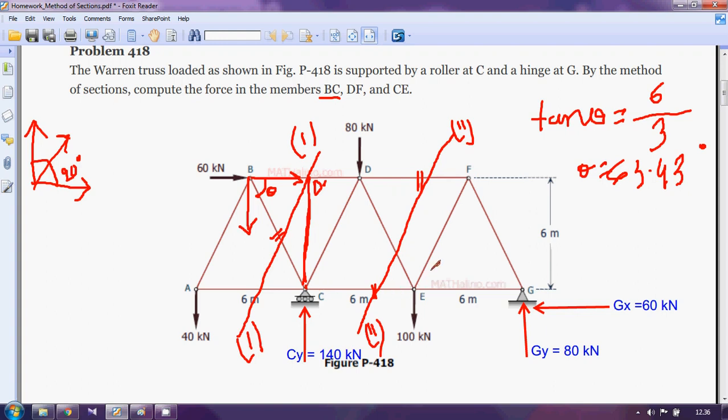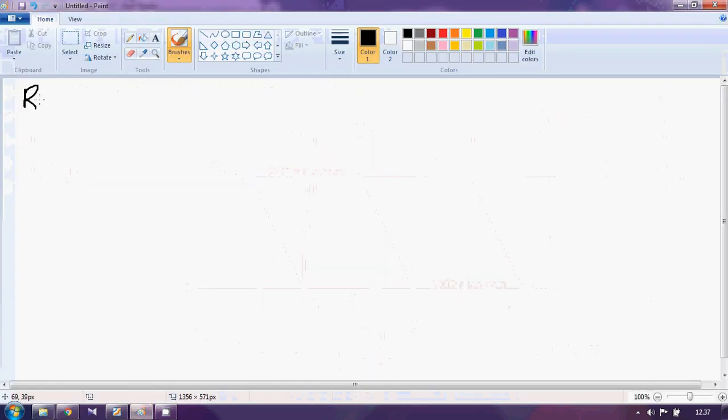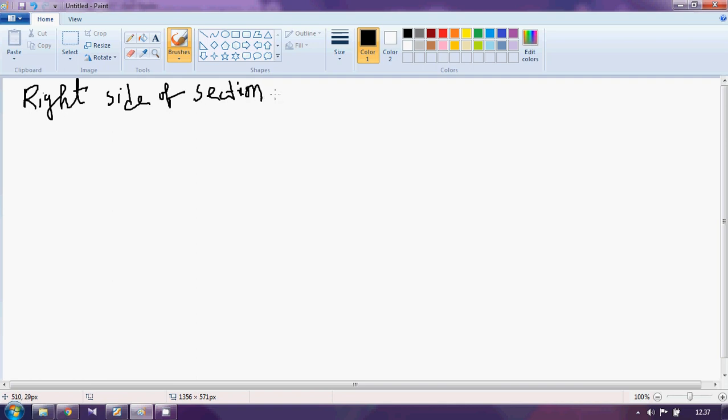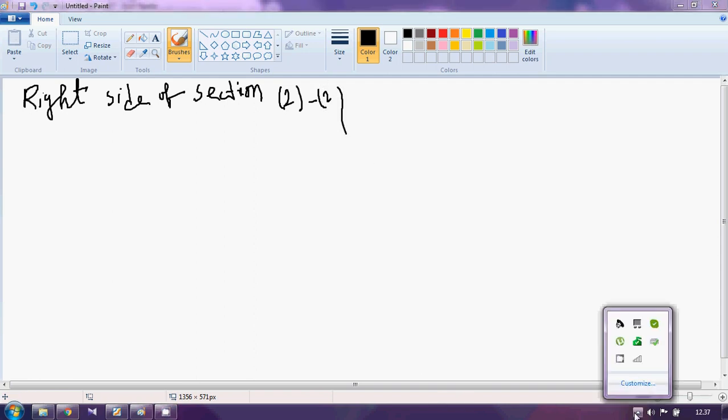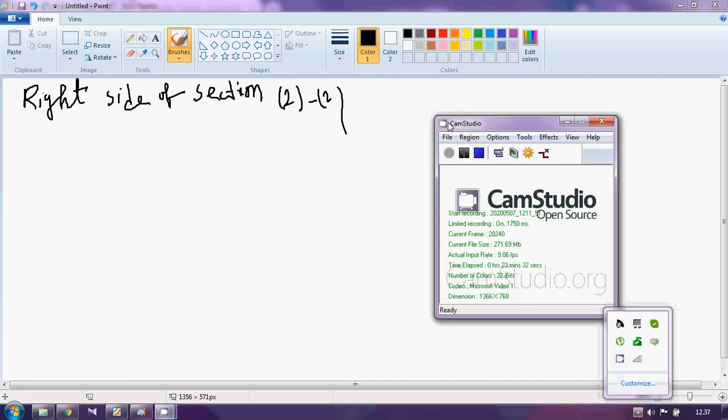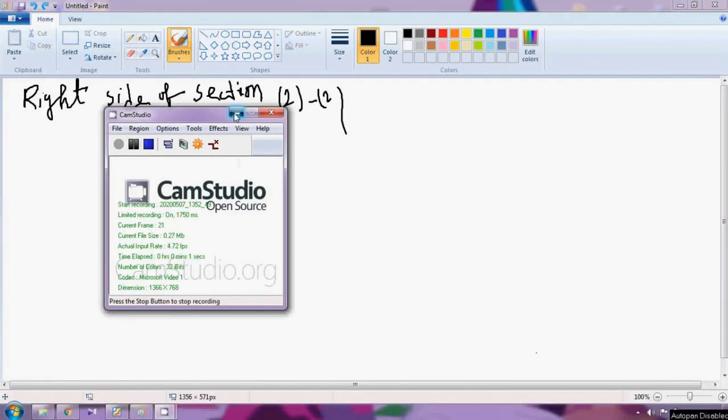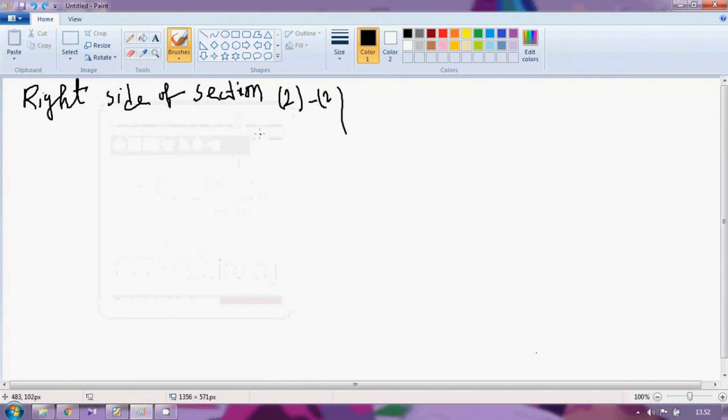So what I will do, I will take the right section of section 2. So we will take the right side of section 2.